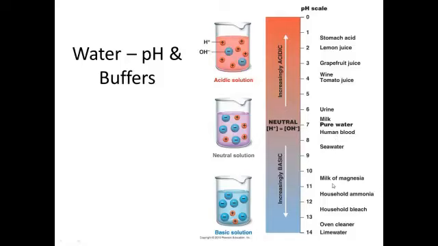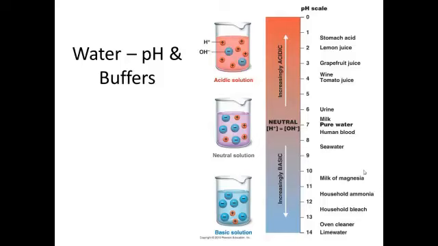Milk of magnesia, that's back, and most of you are probably not familiar with that. They still sell it, but use it for an upset stomach. So if you have too much acid, you drink something that's a little bit basic to neutralize the acid and create salts. Ammonia, you wouldn't want to drink that. Household bleach, wouldn't want to drink that. And you get oven cleaner, that's our sodium hydroxide that we had in the last slide, and lime water.